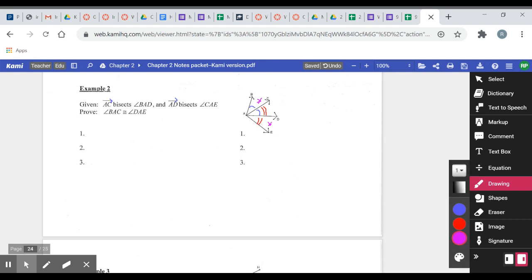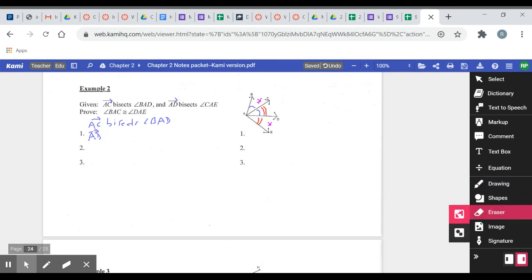So again, first I need to get my given information into my proof. So I've got ray AC bisects angle BAD. And I'm also going to stick in there that ray AD, that's not looking very good.